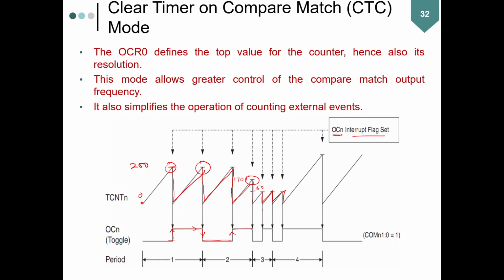So it toggles like this. So you see that the output compare register also affects your output frequency, right? Here the frequency is lower, here the frequency is higher, and that is why it affects the resolution of the output of the timer as well.